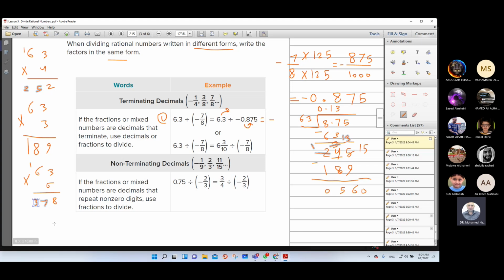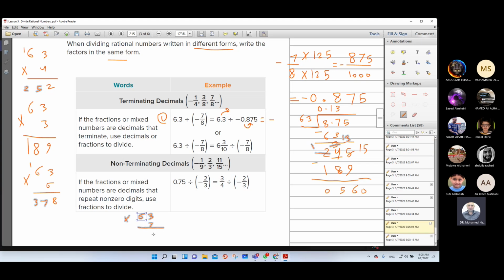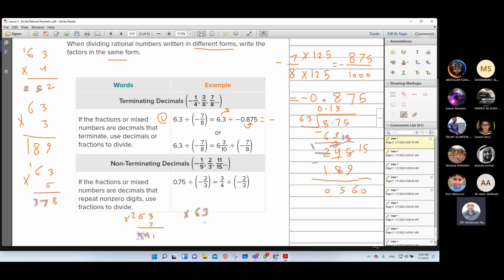Try a number up from 6. For example, if you want to try 63 multiplied by 7. 7 times 3, 21. 7 times 6, 42. 42 plus 2 will be 44. Right. If you try 8. 8 times 3 will be 24.